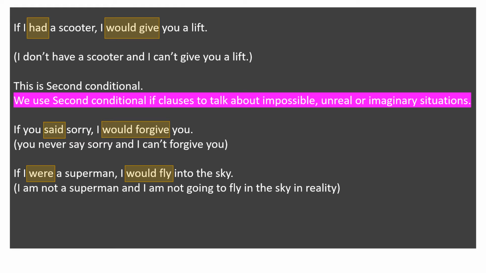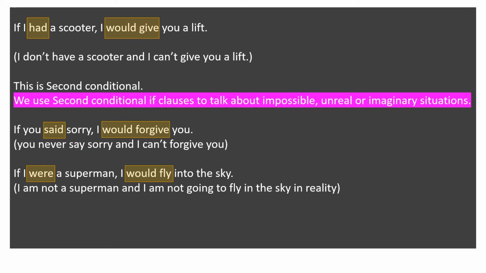If you notice, in all the if clauses, verbs are V2s, past forms, simple past. Had, V2 form of have or has. Said, V2 form of say. Were, V2 form of are. And in the main clause, what will be the verb?